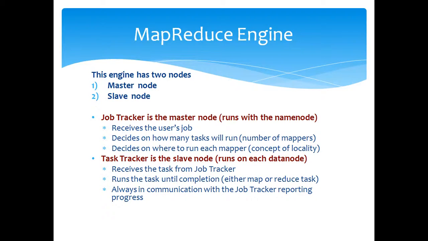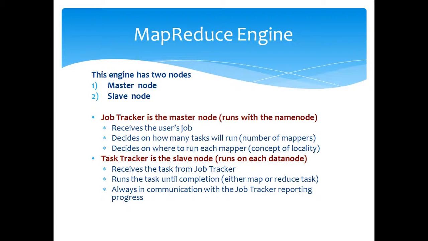The job tracker, the name node, divides the data into several data nodes. This is called the number of maps. These mappers decide where each mapper should go in the data nodes.